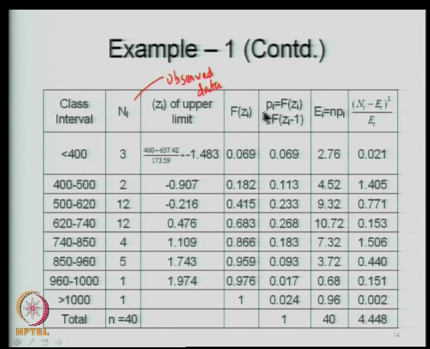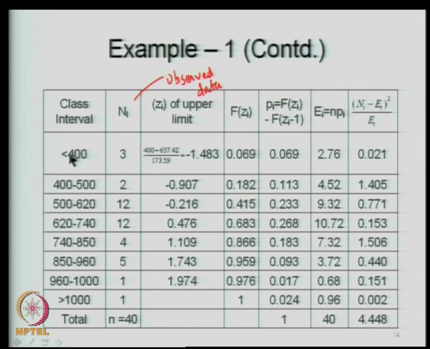From the F of z you can calculate the probability of that particular interval. For the first interval, the F of z itself gives the probability. That means you are starting from F of z equal to 0 and going up to this point, 0.069.